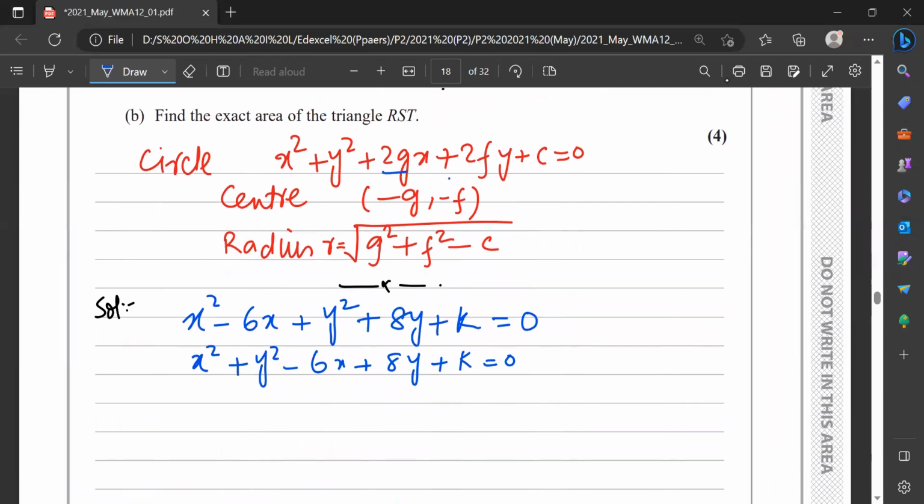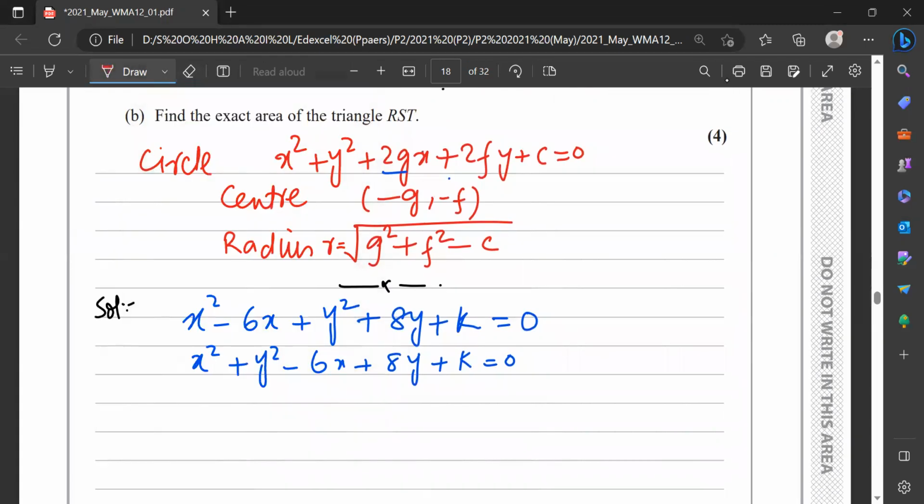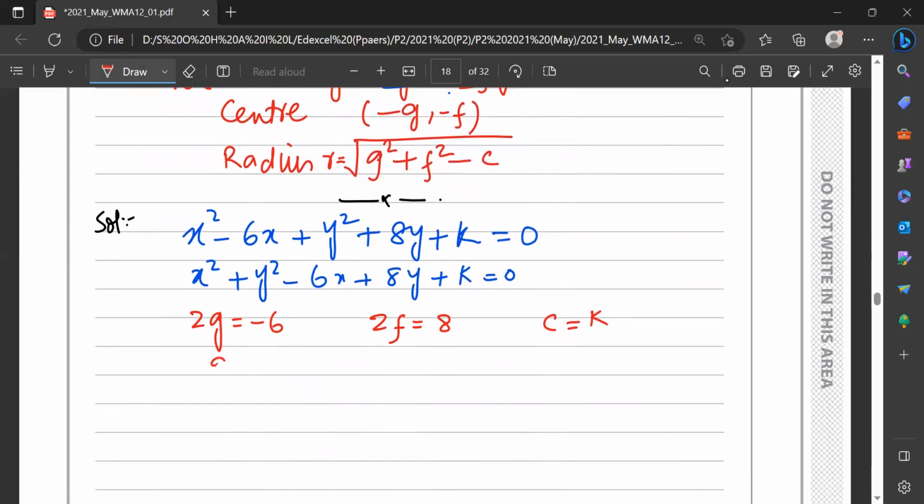Here it is minus 6, so 2g equals minus 6. The coefficient of y is 2f in the formula, so 2f equals 8, and c equals k. G from here is minus 3, f from here is 4, and c is k.